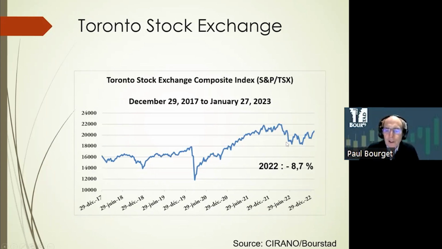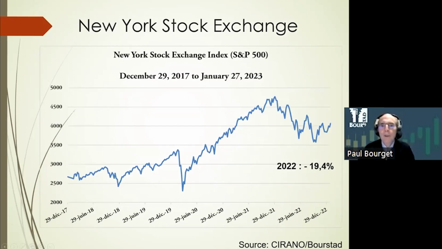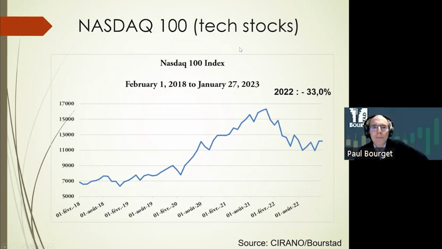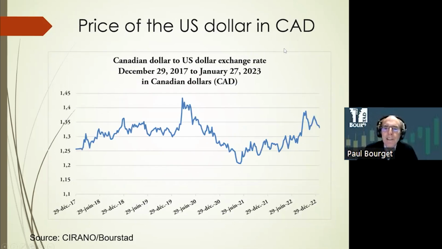The Toronto Stock Exchange lost 8.7% last year. The New York Stock Exchange lost almost 20% last year. NASDAQ, these are tech stocks, lost 33% last year. The price of the Canadian dollar in US dollars increased.